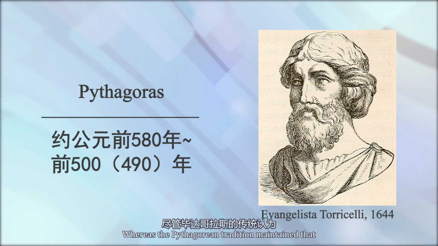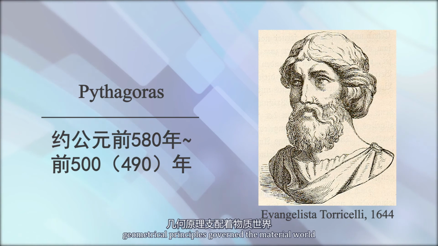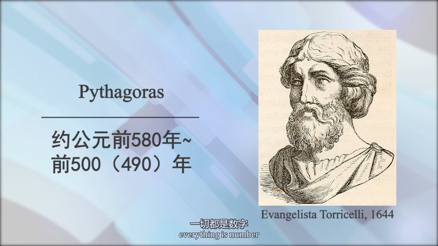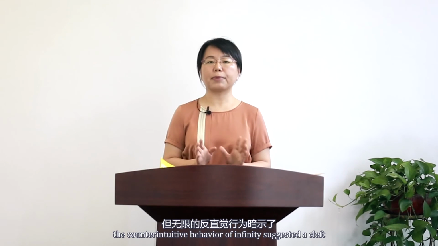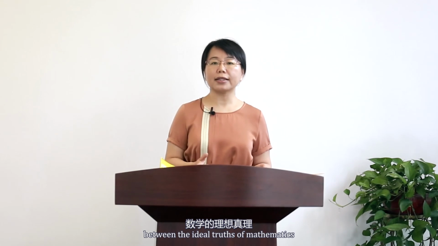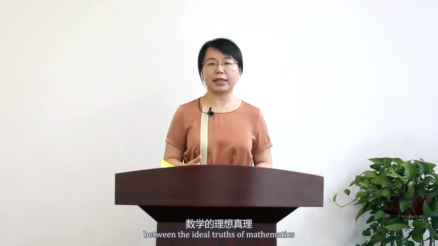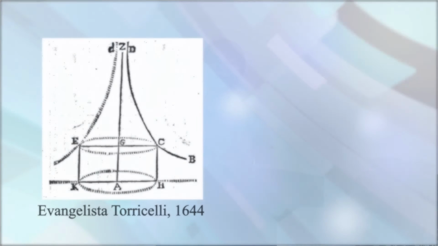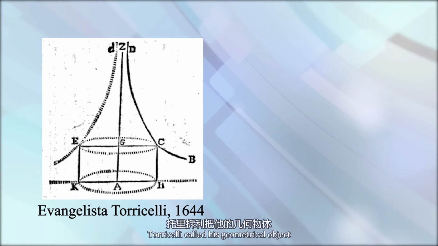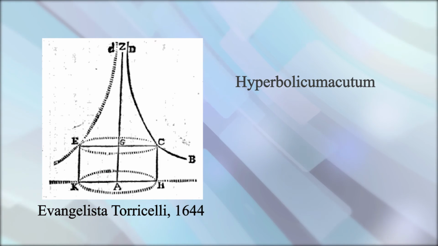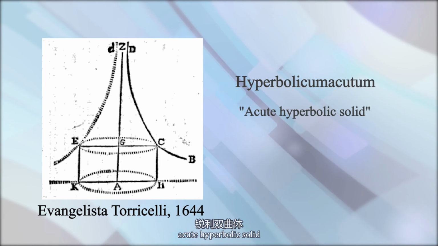Whereas the Pythagorean tradition maintained that geometrical principles govern the material world, that is, everything is number, the counterintuitive behavior of infinity suggests a rift between the ideal truth of mathematics and the realities of physical space. Torricelli called his geometrical object by this long name, which means acute hyperbolic solid.